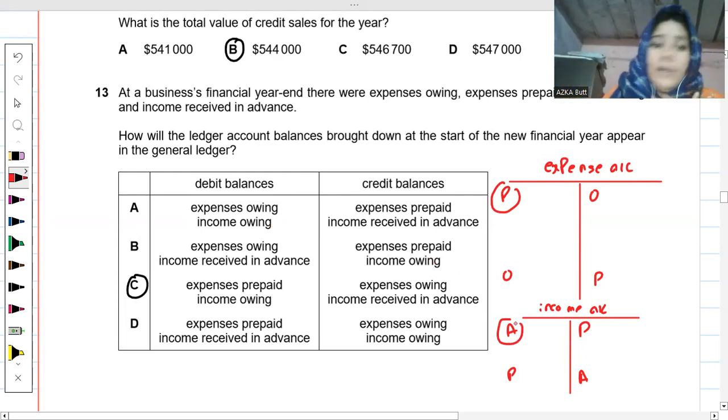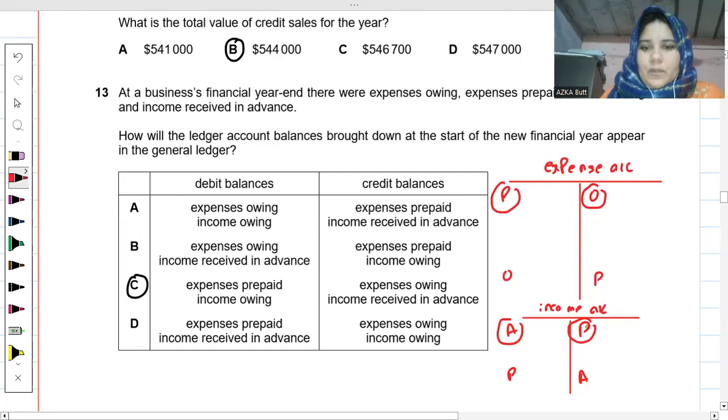Yes, a debit balance is basically income owing. In a credit balance, expense is prepaid, but as we can see, this is not prepaid, this is owing. Income received in advance is prepaid on the credit balance, but this is not the right option. So we can say that option A is not right.